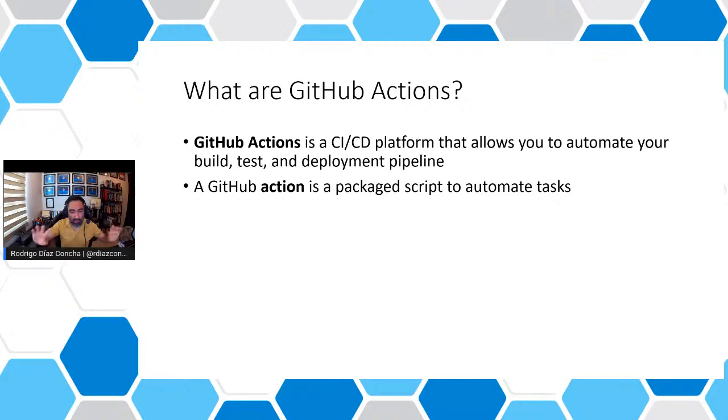Okay, so I'm telling you this because it's quite confusing, because some of the times we're using GitHub Actions for naming the technology and the platform, and some other times we use GitHub action for referring to those small scripts that have some kind of behavior for performing something. And I'm going to show you a lot of actions here in this session.